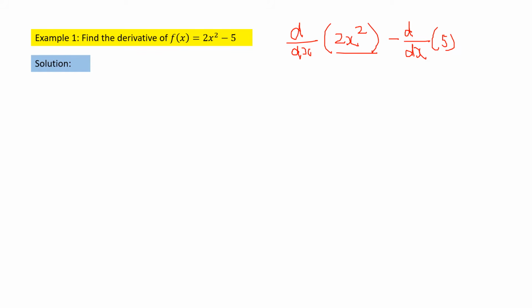What is the derivative of 2x power 2? We will get 4x. And by using rule number 1, the constant rule, the derivative of the number 5 equals 0. So we will get 4x minus 0, or I can say the derivative of the given problem is simply 4x.